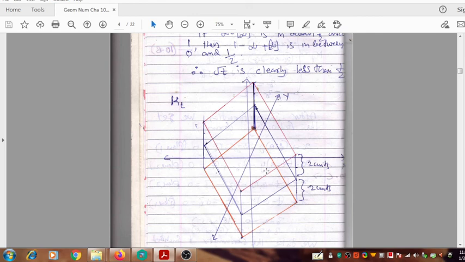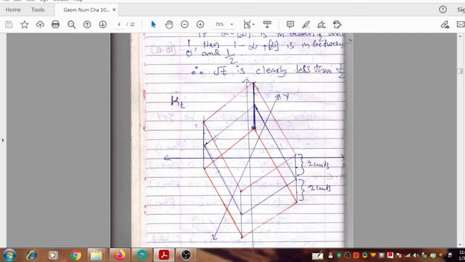Here you can also see an orange colored parallelogram and a red colored parallelogram. This orange colored parallelogram is the base, the bottom of the prism, and the red colored parallelogram is on the top of the prism.